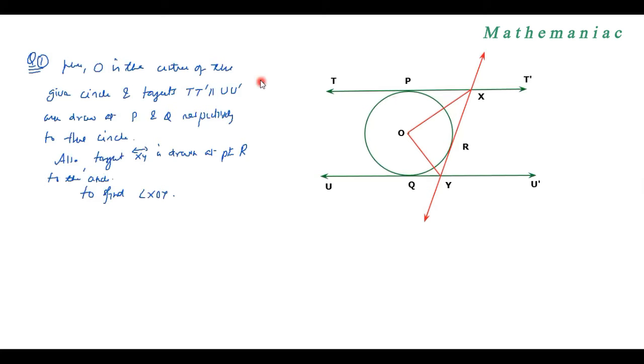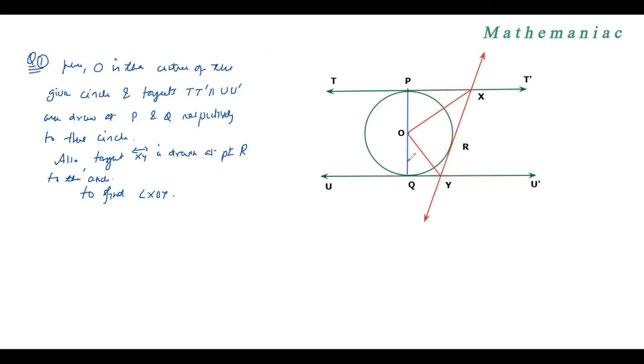Okay. So now we'll be needing one more line segment that we are going to draw. P and Q you have to join, the points of contact. This you have to join. Right? So we have joined this. Or in fact, if you do not say PQ is joined, you can say OP and OQ are joined.